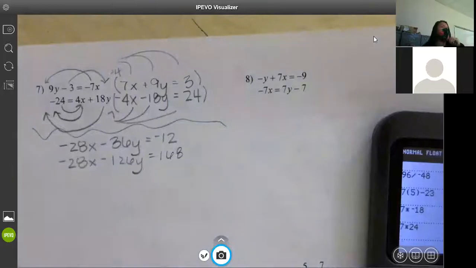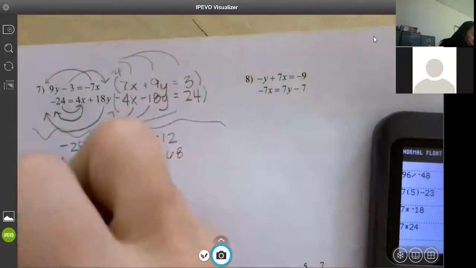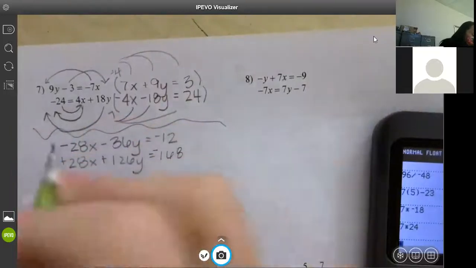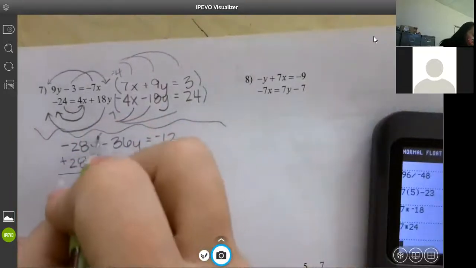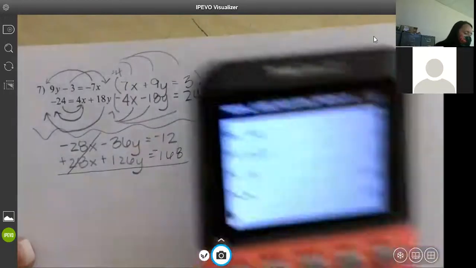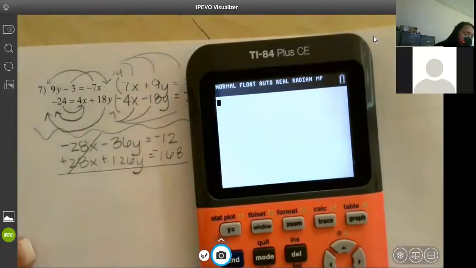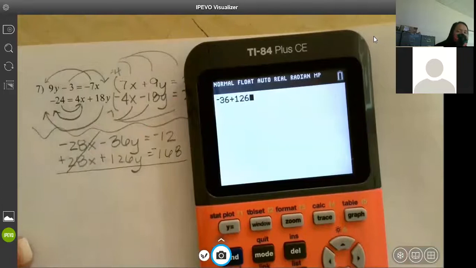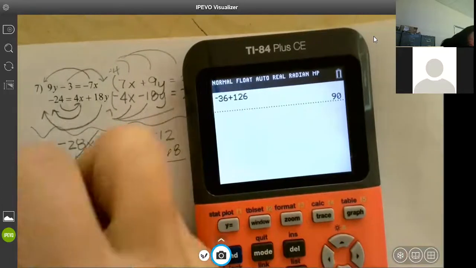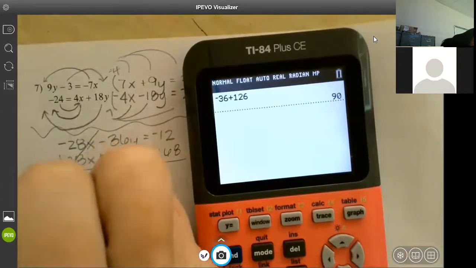So now I do have a variable that looks alike. How do I get them to cancel out? You're right. Change, change, change. And your x's cancel out. We have negative 36 plus 126 gives us 90y.